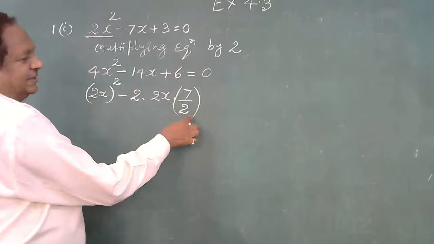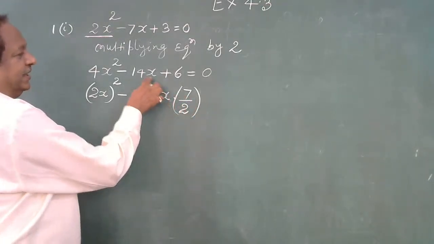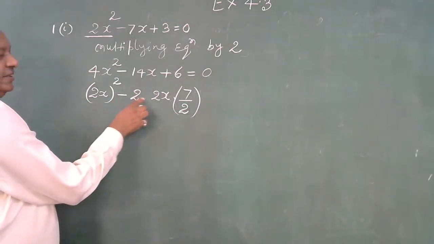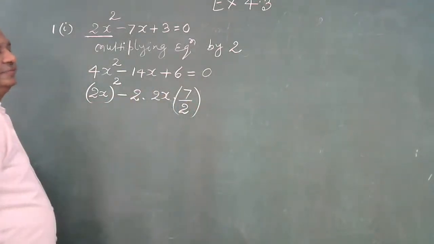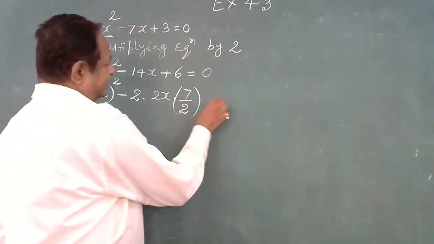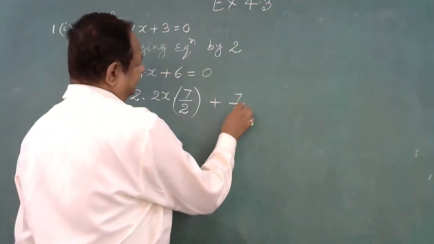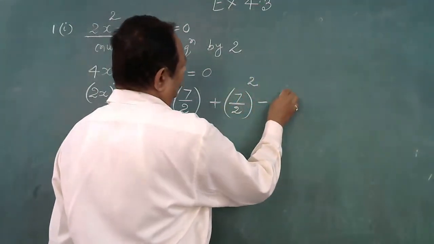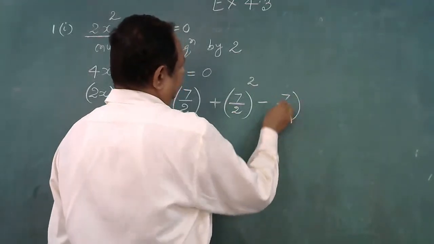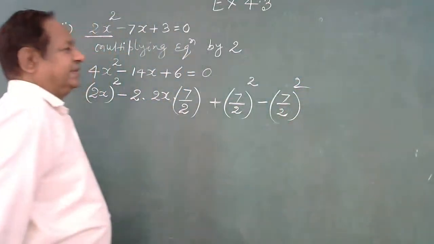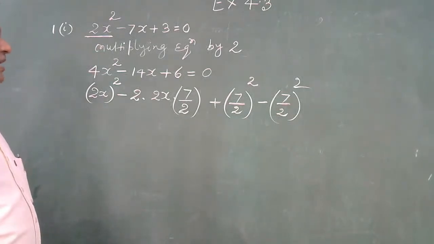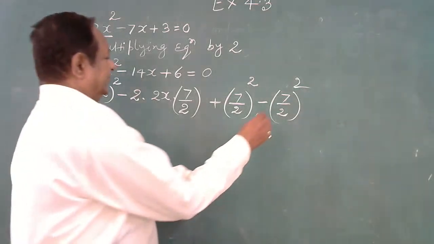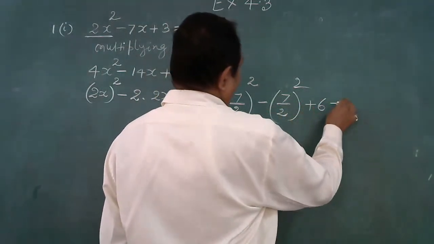So 2 cancels, 7 into 2 is 14x. So a square minus 2ab, this is b. So add 7 by 2 whole square and subtract 7 by 2 whole square. It does not make any difference. The same number has been added and the same number has been subtracted. Plus 6 is equal to 0.